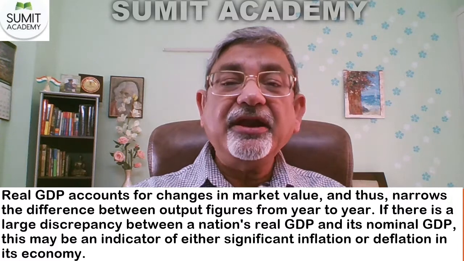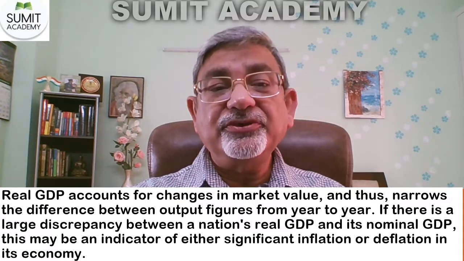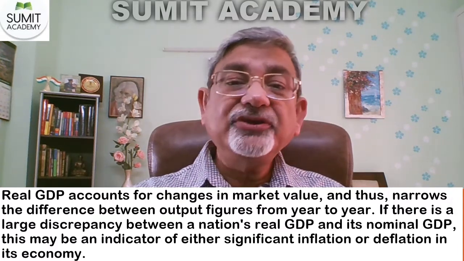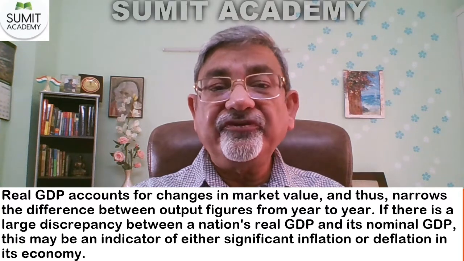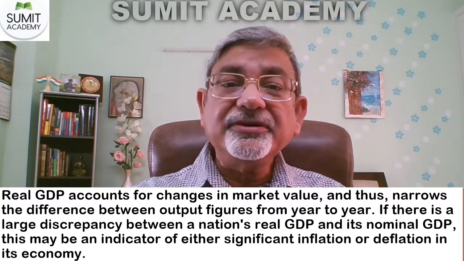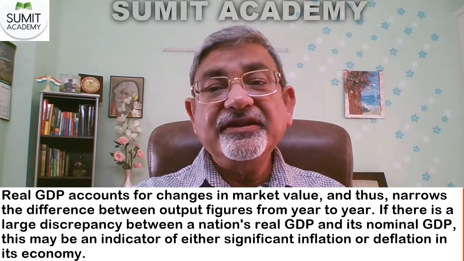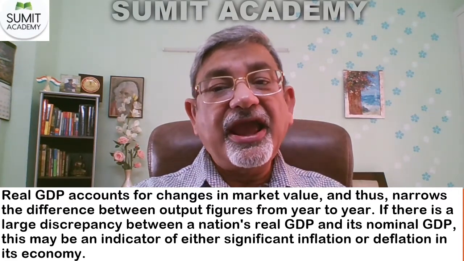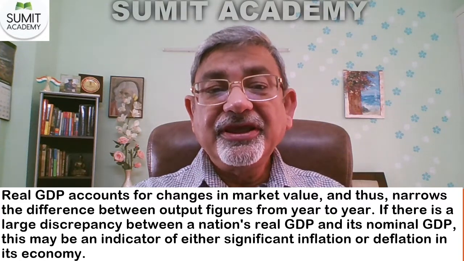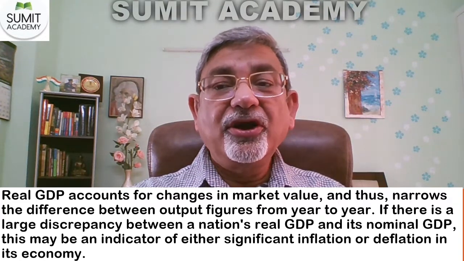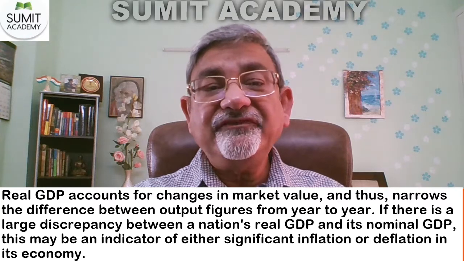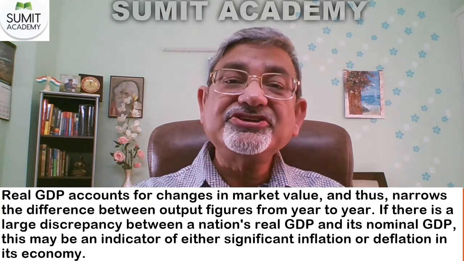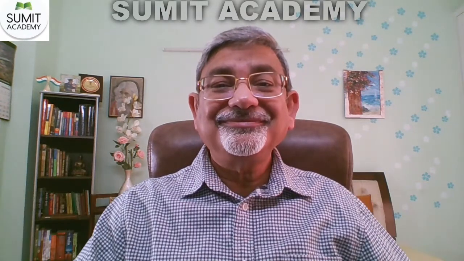Real GDP accounts for changes in market value and thus narrows the difference between output figures from year to year. If there is a large discrepancy between a nation's real GDP and its nominal GDP, this may be an indicator of either significant inflation or deflation in its economy.